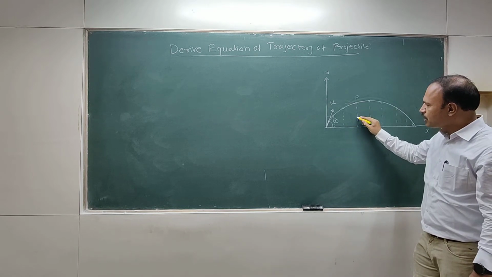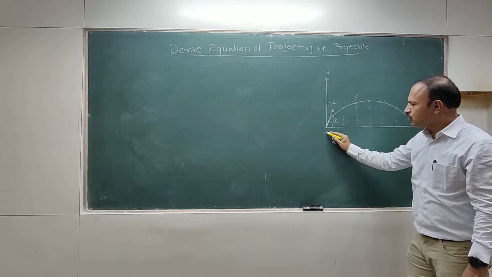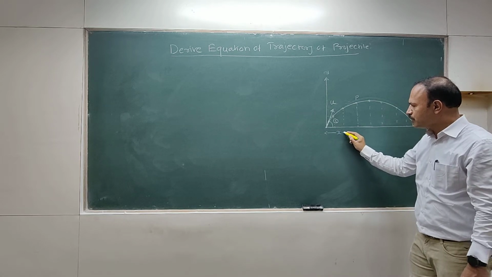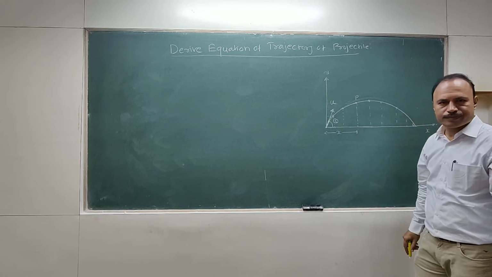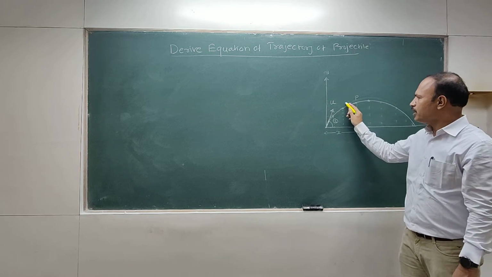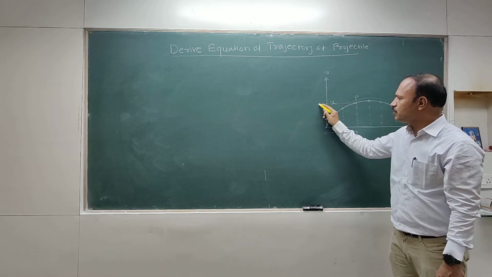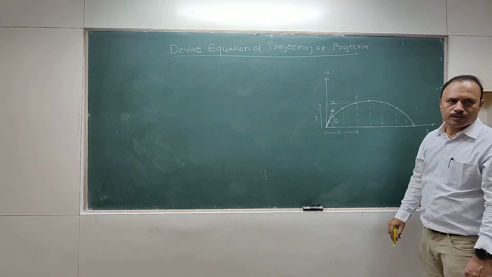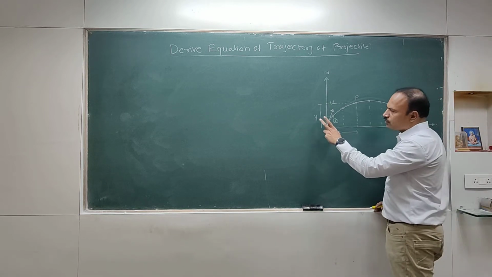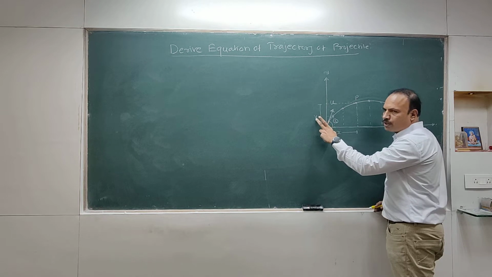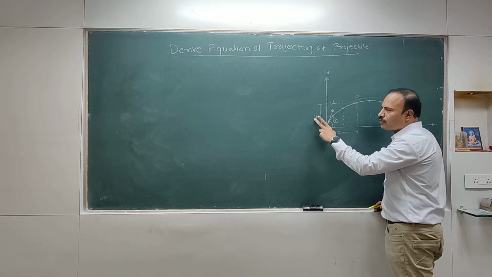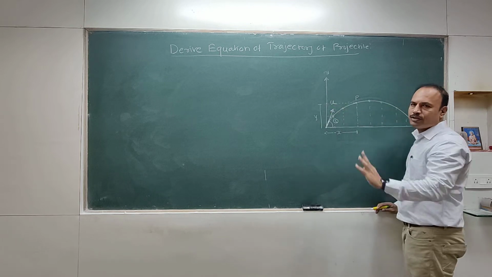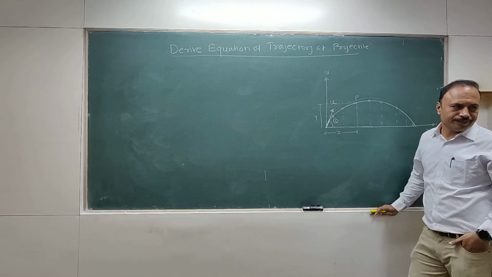When it reaches point P, its horizontal displacement will be x, and its vertical displacement will be y. So we will try to find the formula between x and y. That formula will be called the trajectory.